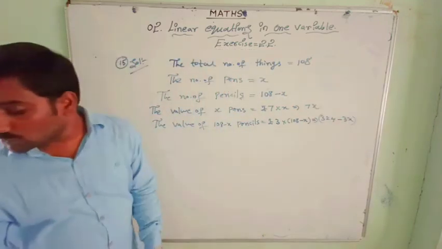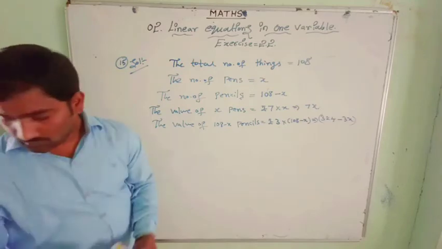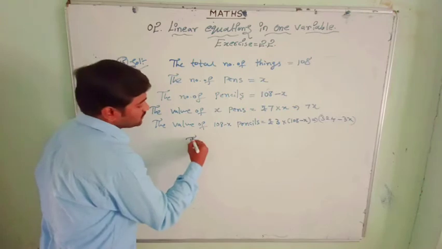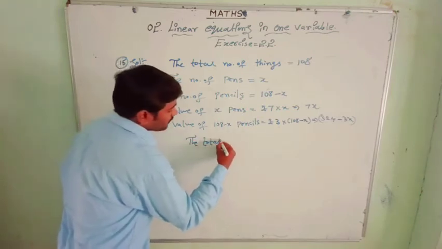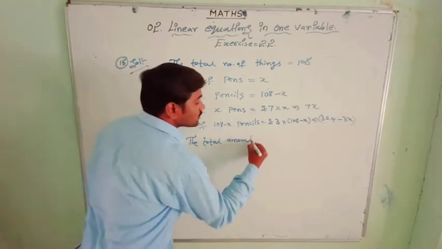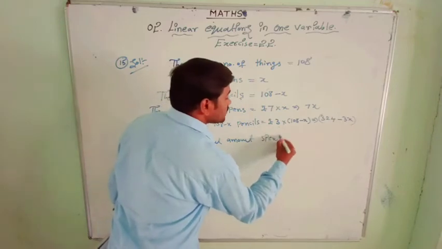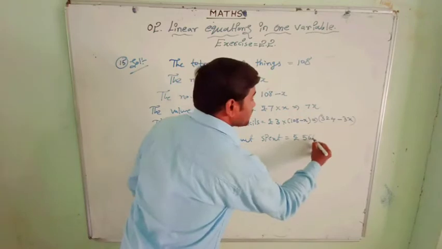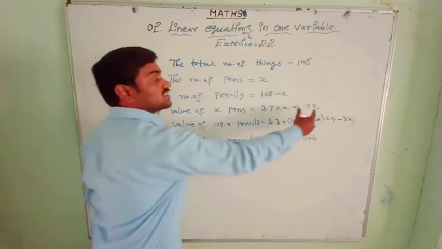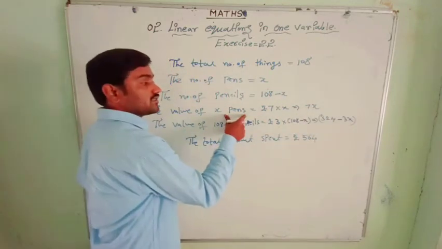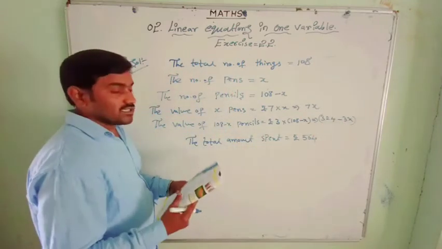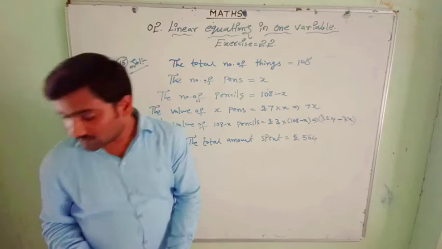And the total amount spent on these things is rupees 564. This 7x is the amount spent on the pens, and 324 minus 3x is the amount spent on the pencils.